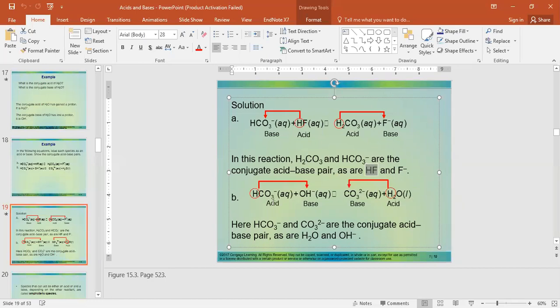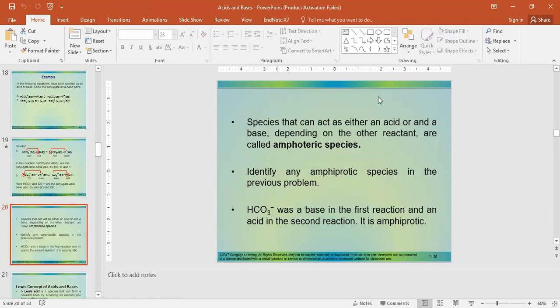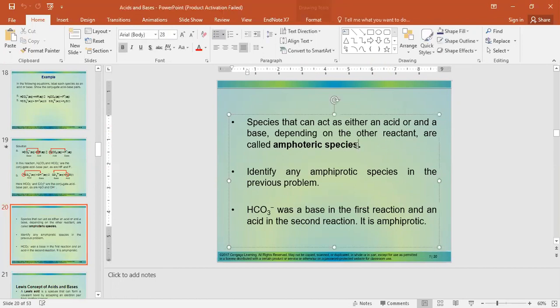So let me revisit this hydrogen carbonate acting as a base, and hydrogen carbonate here acting as an acid. So we say that a species that can act as either an acid or a base, depending on the other reactant, is called an amphoteric species.